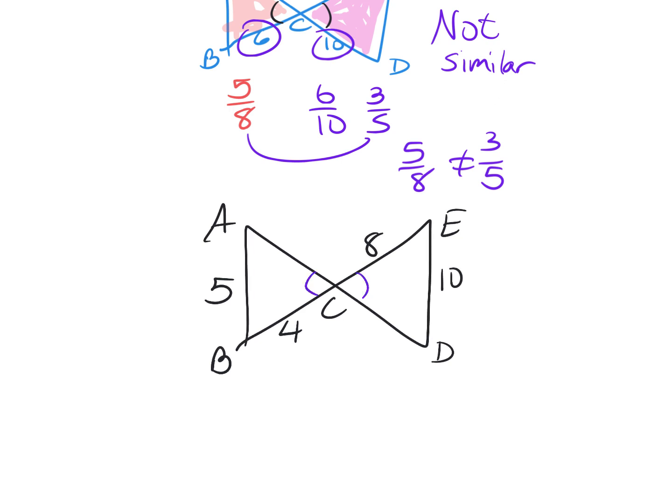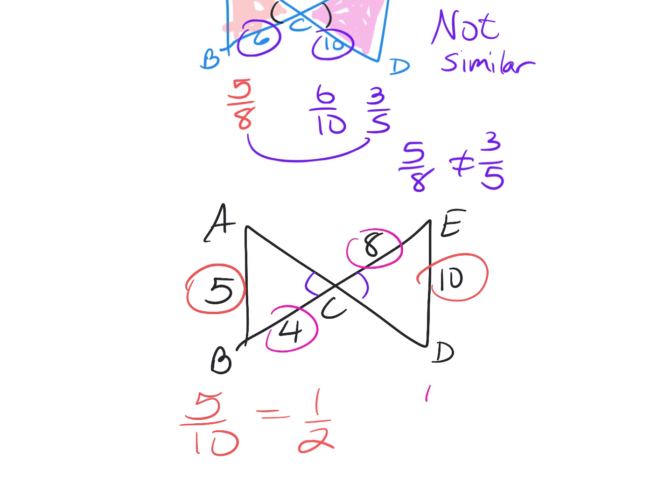I'm going to match the 5, the biggest number in this triangle, with the biggest here. And then here, 4 with the 8. My sides are proportional, and I've got an angle. However, this is not the included angle, so the way it's pictured, these are not similar.